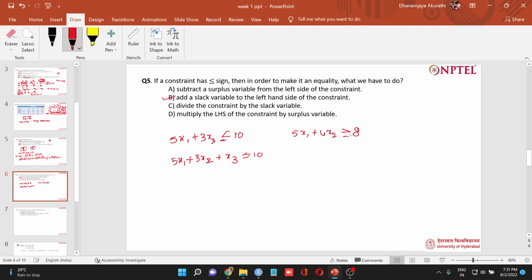So to balance that, we need to subtract a variable, which we call a surplus variable. Here 5x1 plus 4x2 minus x4 equals 8, where x4 is the surplus variable. In the earlier case it was a slack variable, since we are adding it, and here we are subtracting a variable, so you call it a surplus.